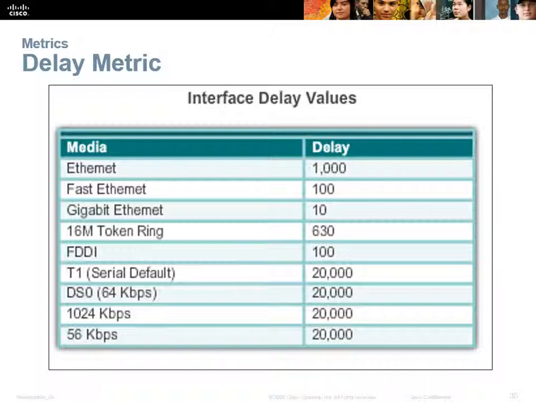Which is faster, serial or Fast Ethernet? Fast Ethernet is faster than that. It only has a 100 microsecond delay. What about a gigabit? How'd you like to be able to do all your homework in 10 microseconds? That's quicker than a blink of your eye.